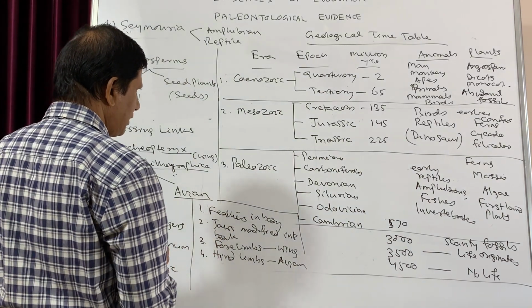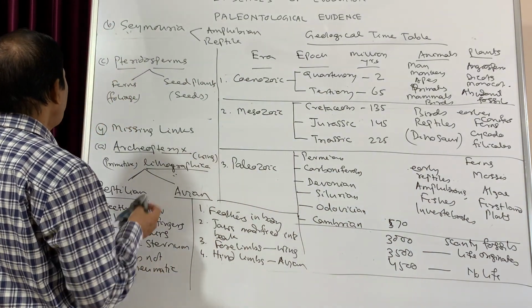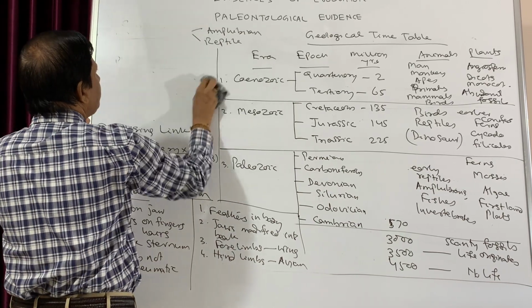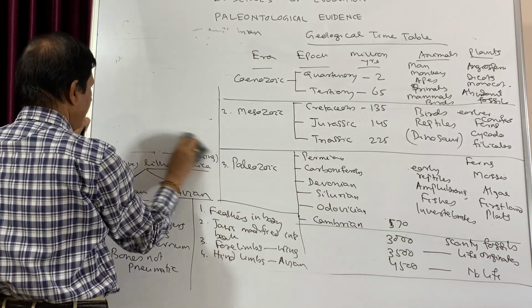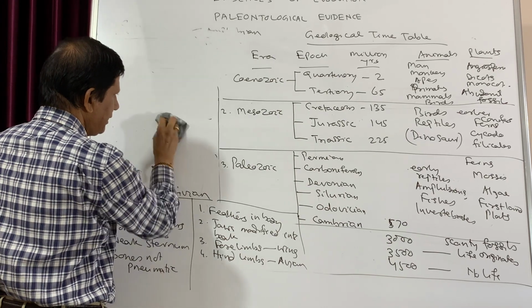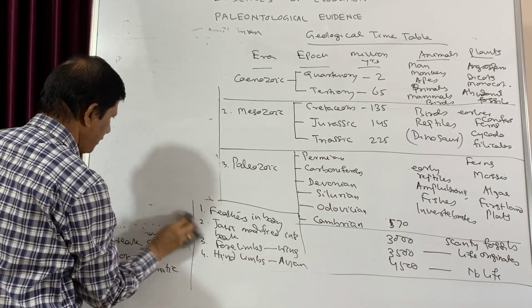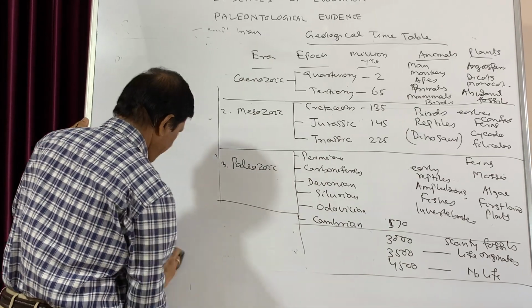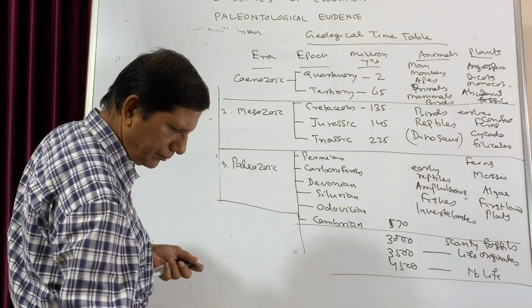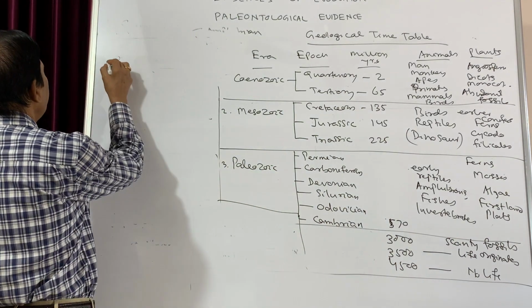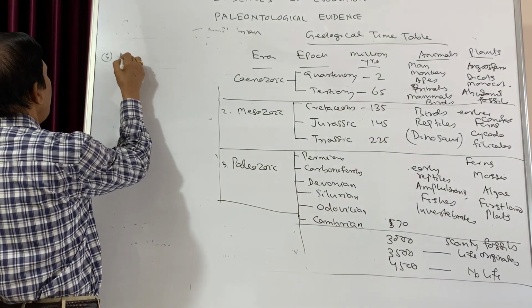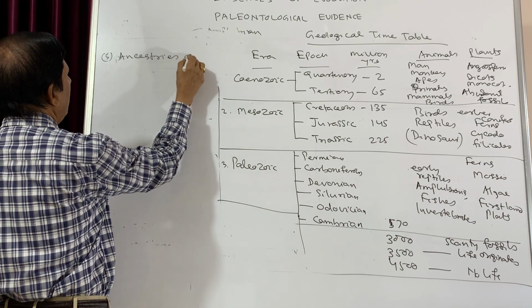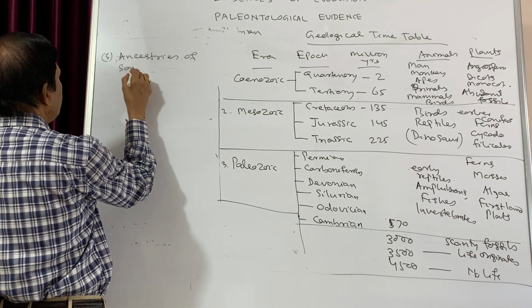Then besides this, we'll discuss another point. The fifth point is the ancestries of some animals.